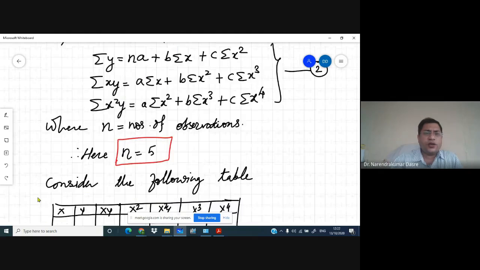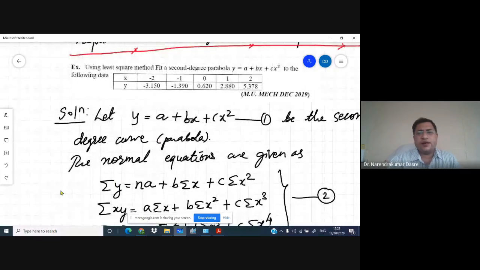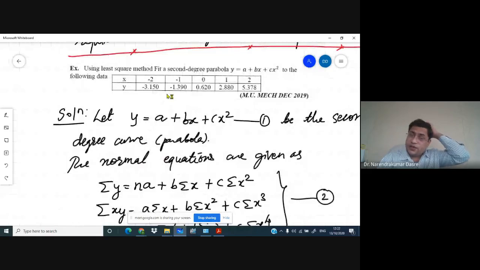So I want you to note down the data. The data is very small, so you can do it easily. Here 3 digits of accuracy are already given, so we have to consider at least 4-digit accuracy. I want you to make the table with me.